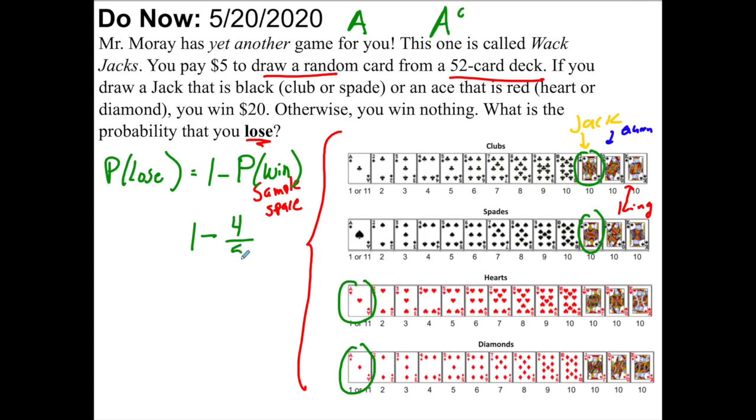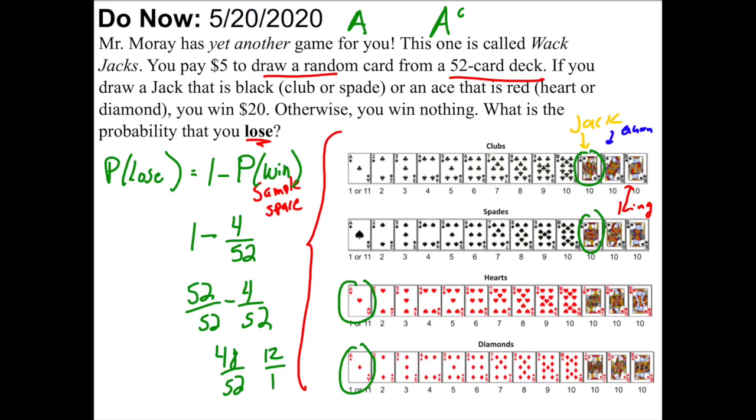There are 52 cards that we could choose. So what this means is this is 52 over 52. Right, because that's 1. And that's 48 over 52, which is 12 over, let's see, 1.